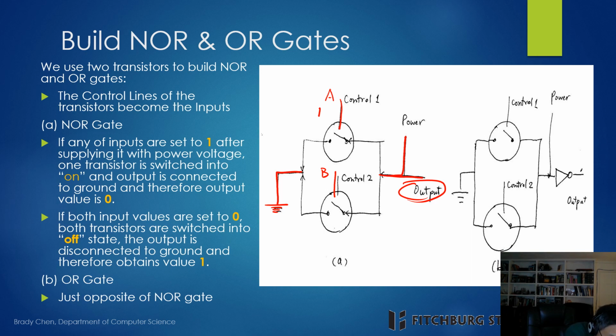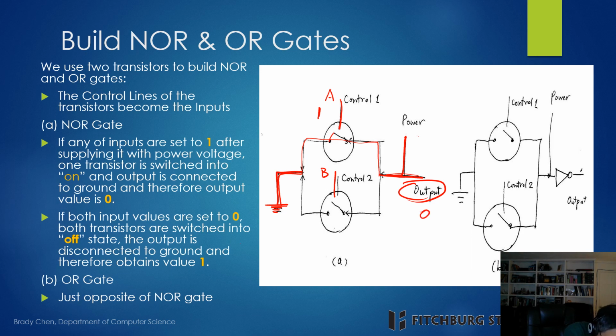So then it will connect the collector side and the emitter side. That means if one of the control lines is set to 1, then both the output and the power source will be connected to the ground. So the electricity will be drained to the ground, and the output will be 0.